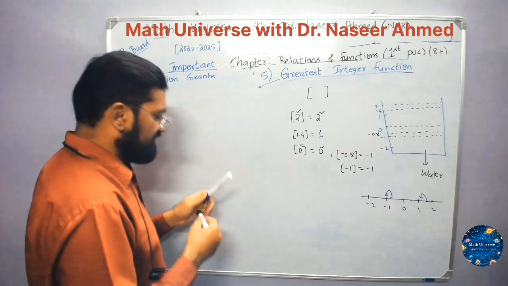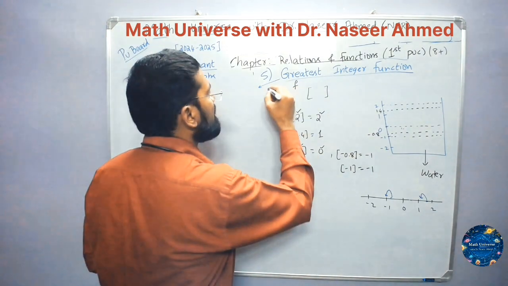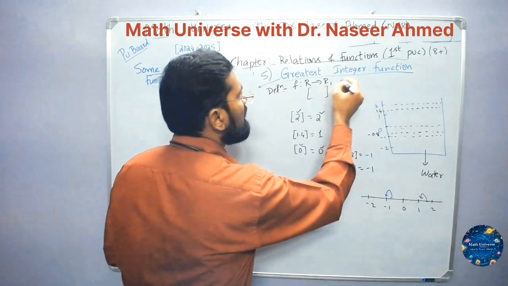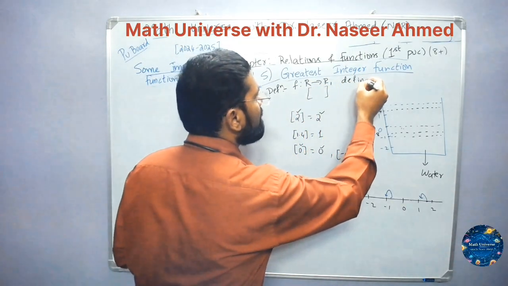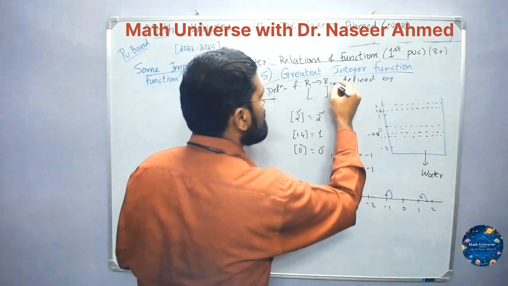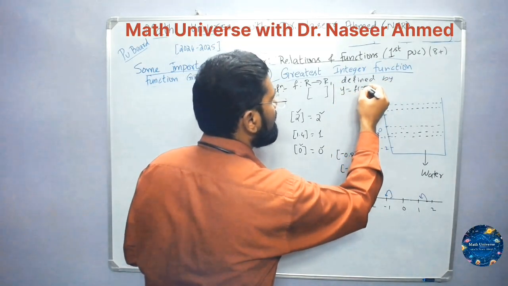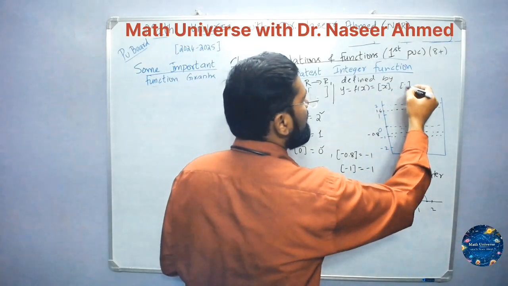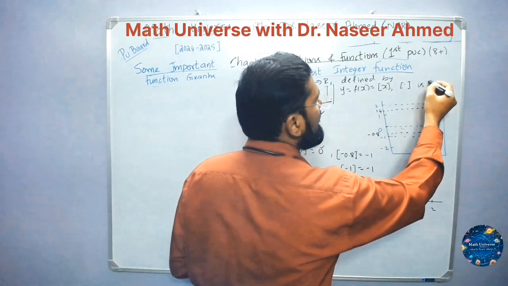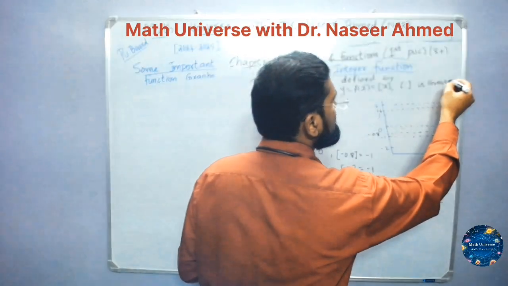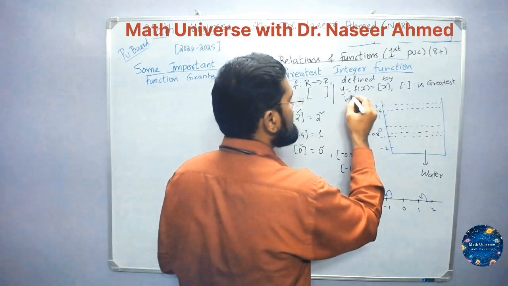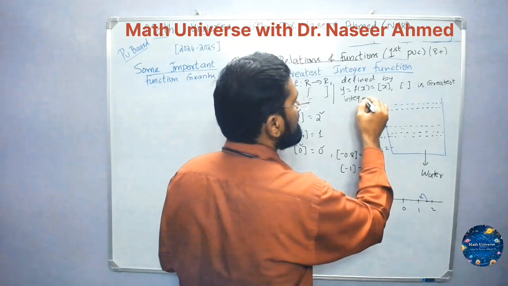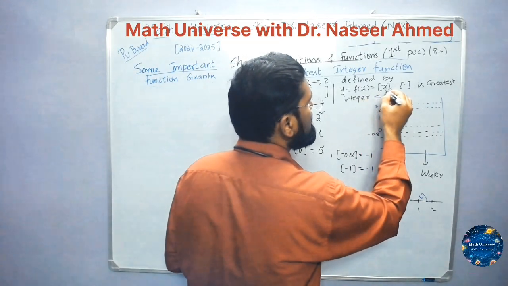First, the definition. What's the definition of greatest integer function? f is a function from R to R and defined by y is equal to f of x is equal to rectangle bracket x, where the rectangle bracket, whatever we get inside, is the greatest integer less than or equal to the number which is present here.